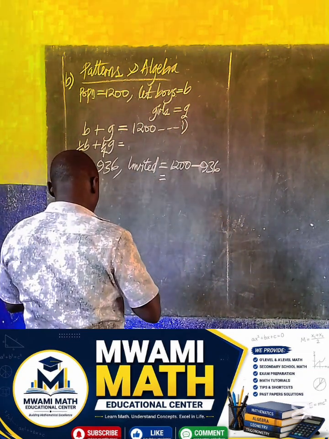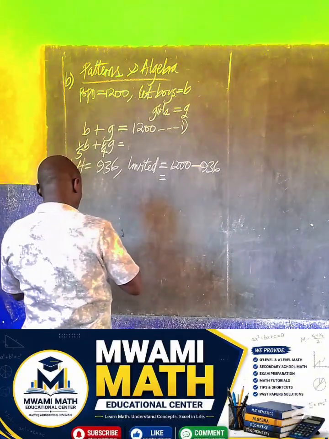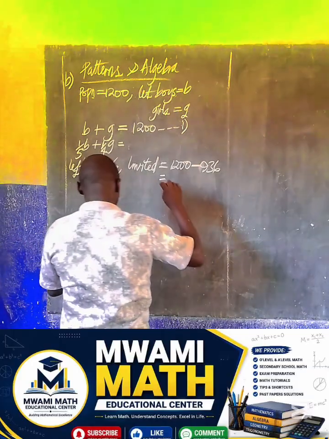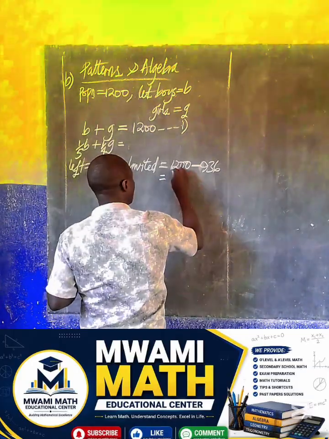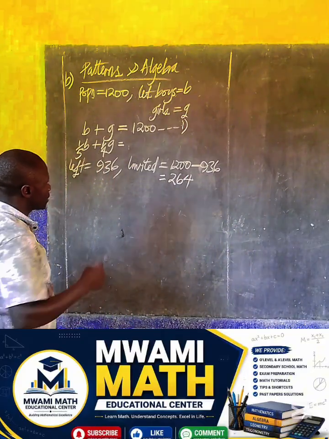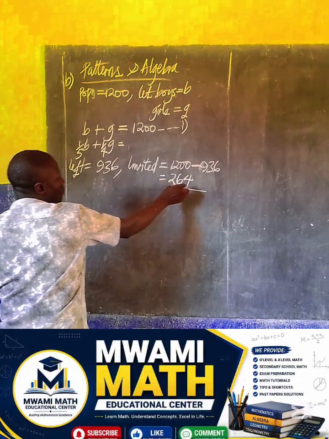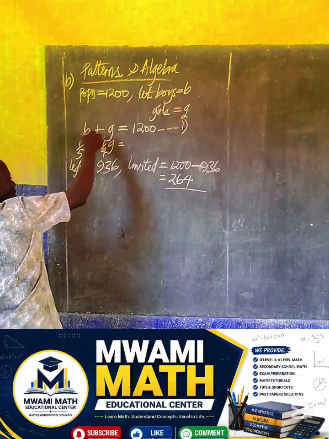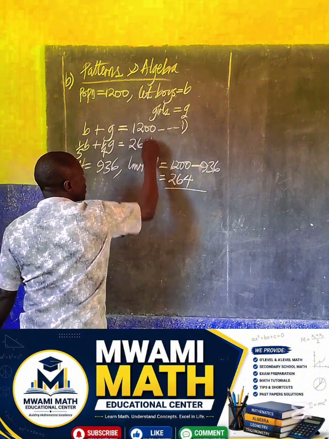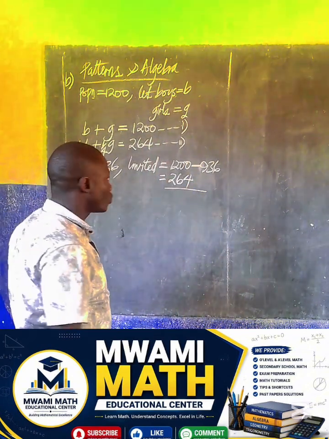So this gives us 264. So if this is the number that was invited, now that's a fifth B plus a quarter G must equal 264. Call this equation 2.